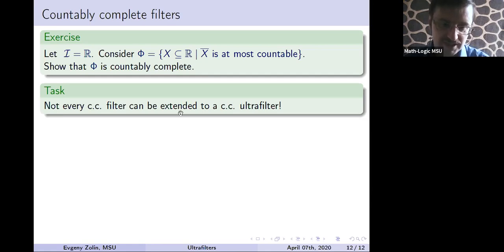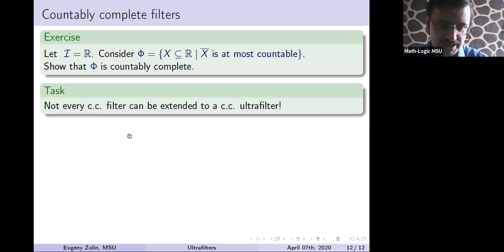So you need to build some countably complete filter and show that it cannot be extended to any countably complete ultrafilter. Of course, it can be extended to some ultrafilter, but this ultrafilter will not be countably complete. And so far, we have only one example of a countably complete filter, this example over real numbers.